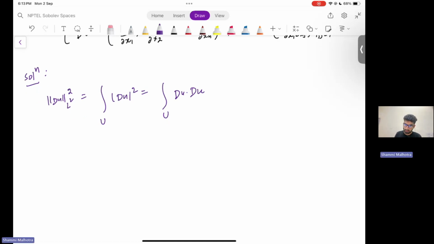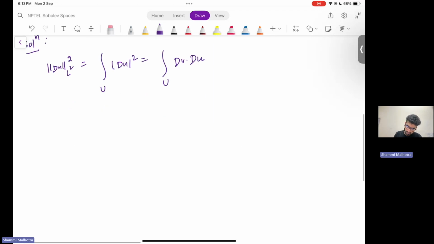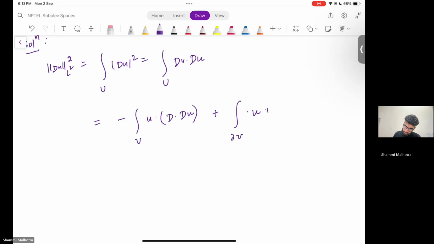If we apply integration by parts, this is nothing but minus the integral of u times the divergence of Du. And this divergence of Du turns out to be the Laplacian of u, plus the boundary term with u Du dotted with the unit normal vector.